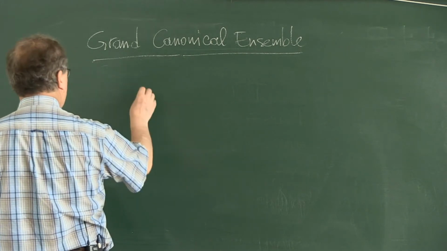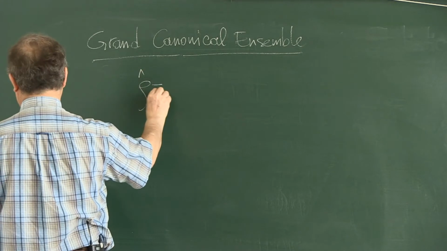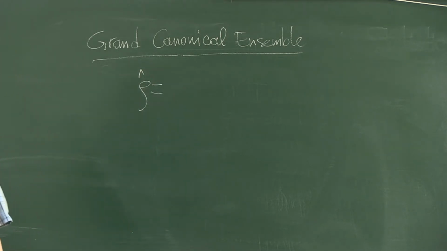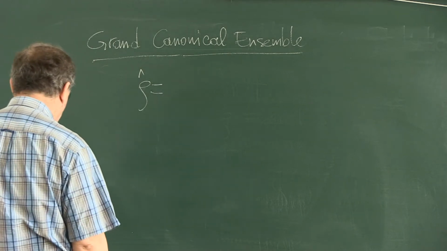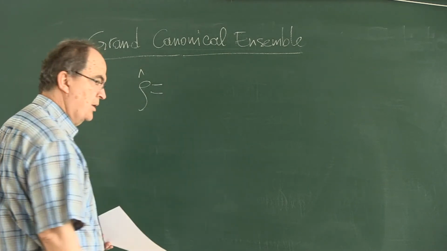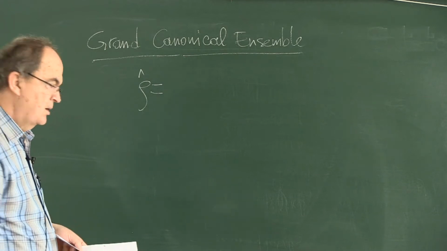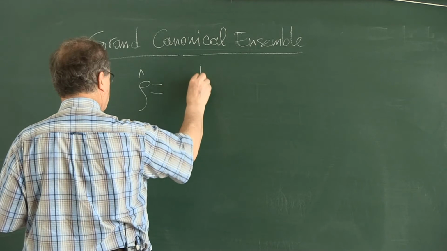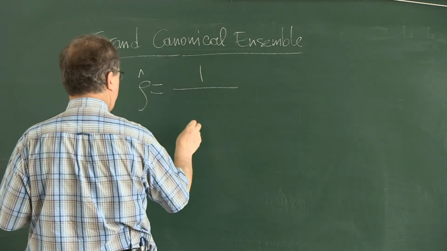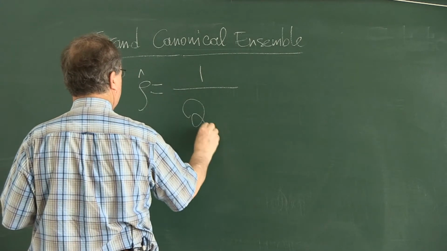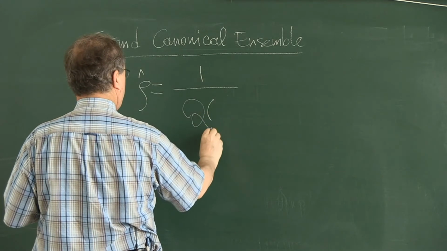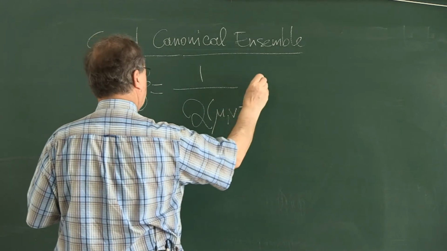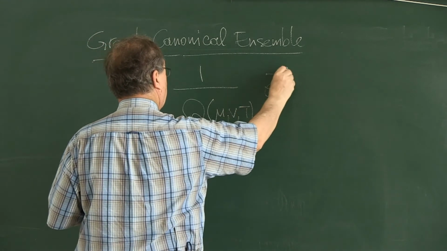In the grand canonical ensemble, the form of the density operator, which commutes with H, and the number operator, N, commutes with both of them, the generalization gives you the following. Well, this is the grand canonical partition function, e to the minus beta.